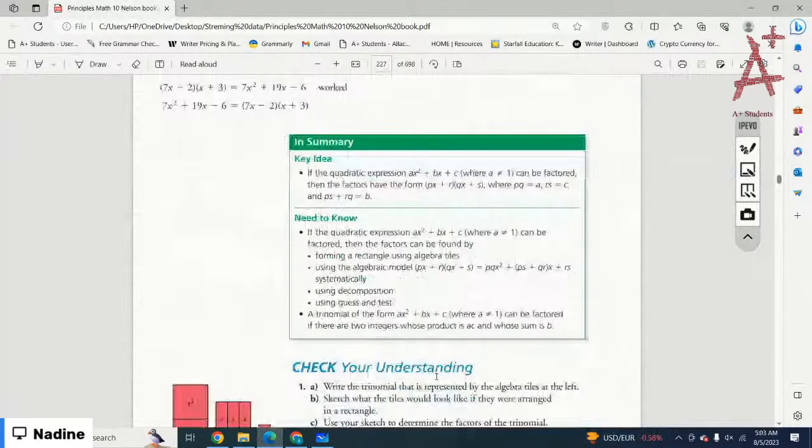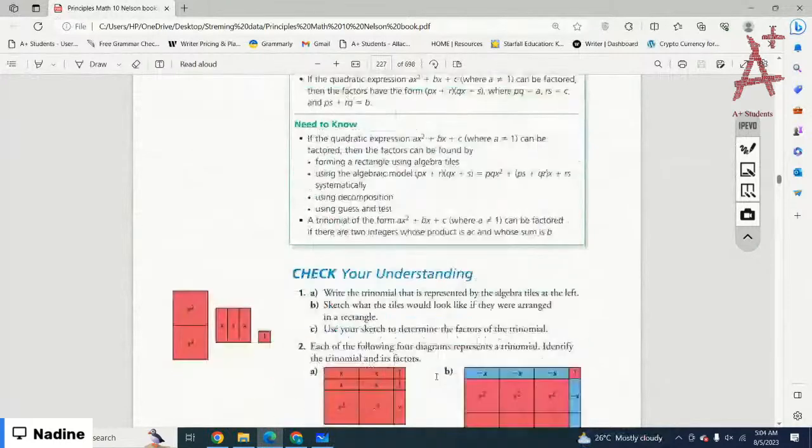The factors can be found by forming a rectangle using algebra tiles, using the algebraic model px plus r and qx plus s, using decomposition, using guess and test. A trinomial of the form ax squared plus bx plus c can be factored if there are two integers whose product is ac and whose sum is b, right? Let's just start with the practice questions.